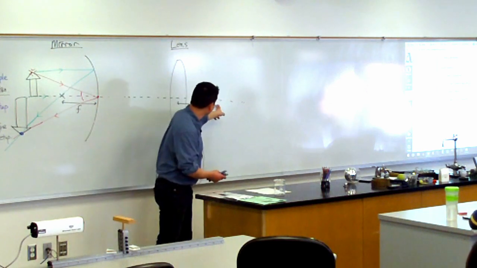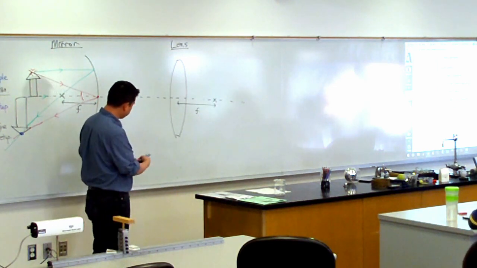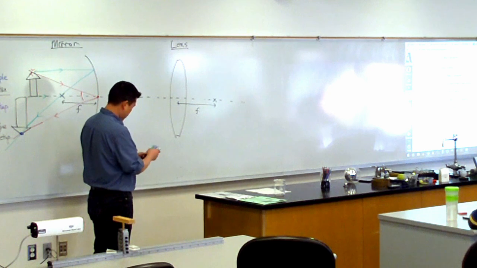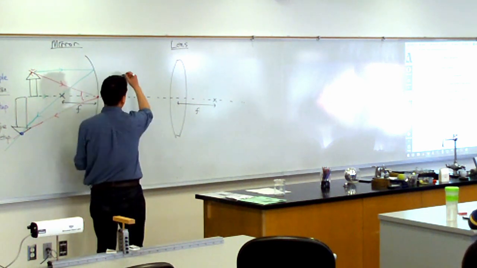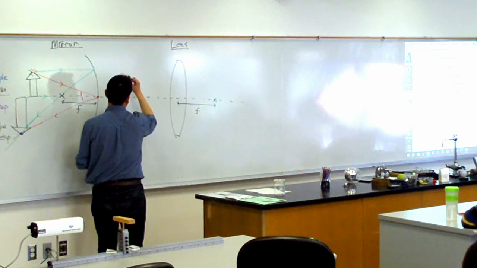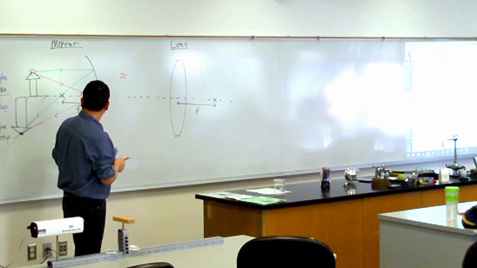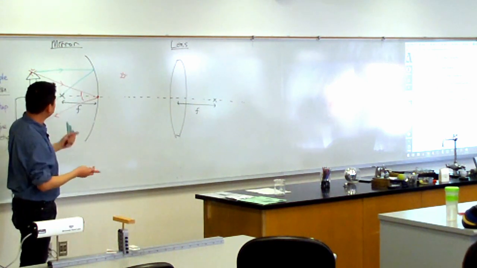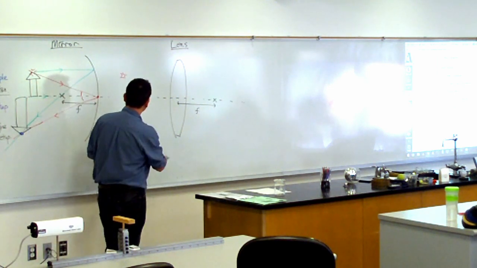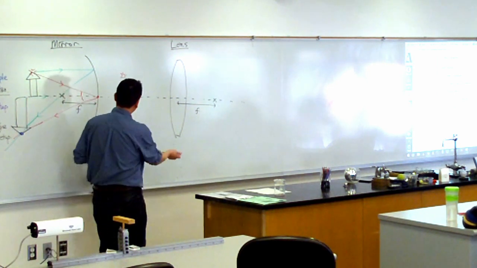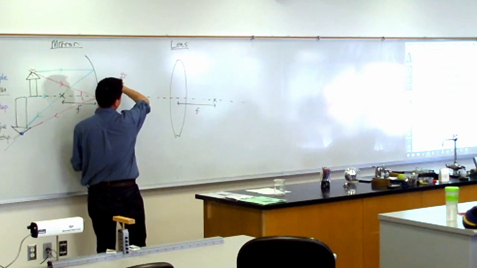So I have the focal point here. And let's say I have my object, some kind of source of light, over here. Then the first special ray that I drew for the mirror, let's just try doing the same thing. There are many rays of light.